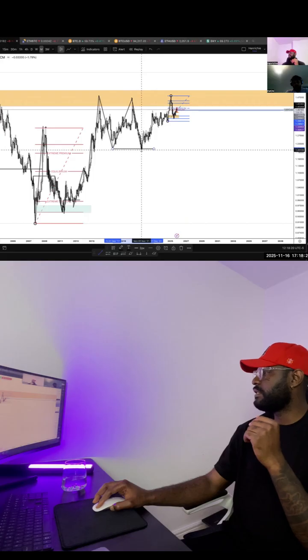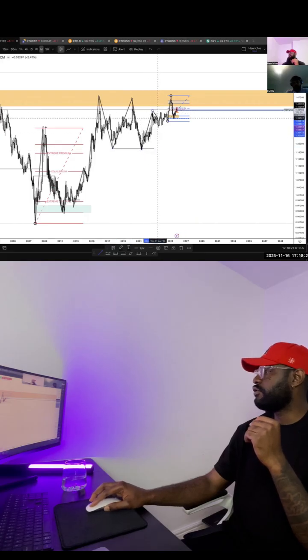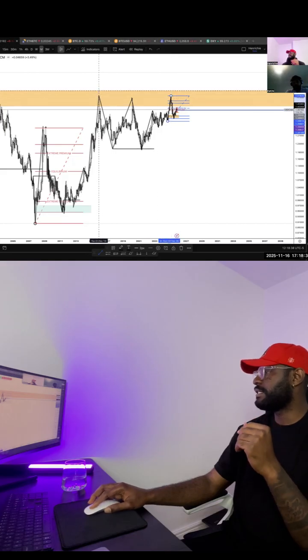After taking liquidity, it started creating another new higher high and higher lows, failed to create a low below this previous low, created a higher high, and took liquidity from all these highs.